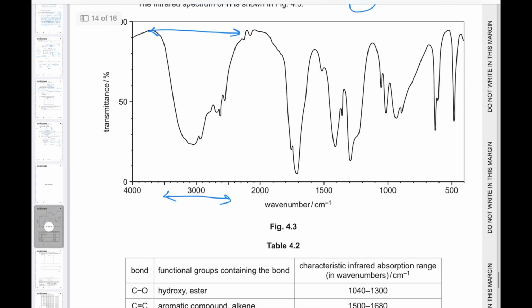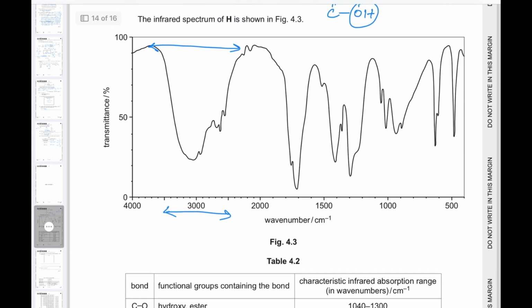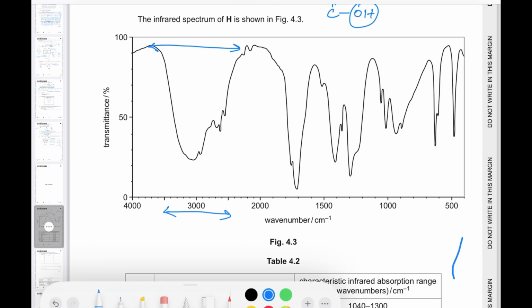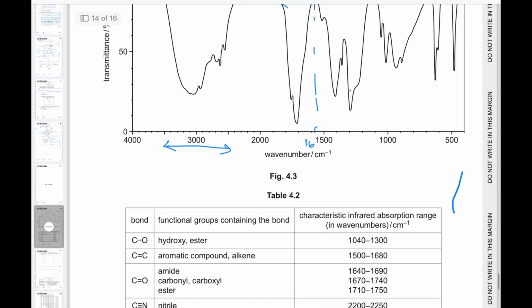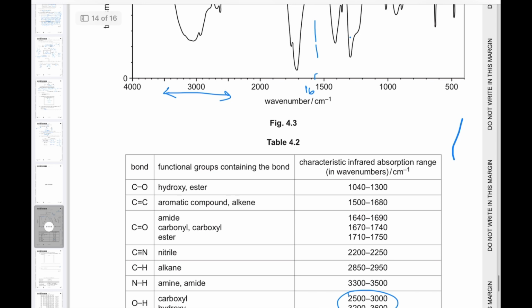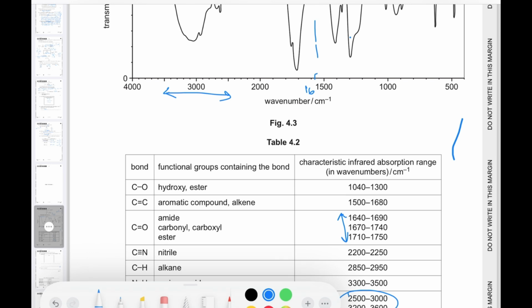Let's look at other absorptions, and I prefer to look at higher values in absorptions. The next highest value of absorption is due to this peak over here that's starting from 1600, right? Let's look at the table to find which bonds will result in this. Here we have the range. We obviously know there is no amide group since we don't have a nitrogen atom.